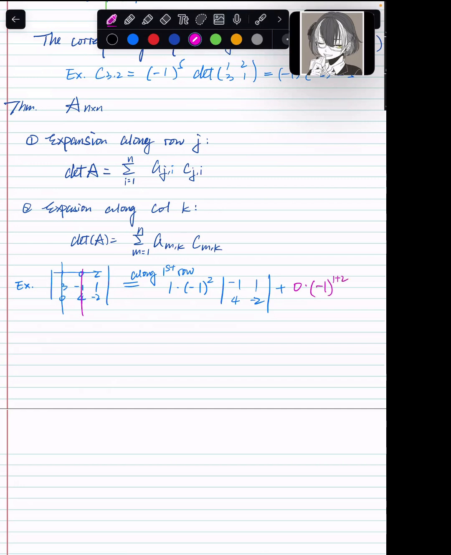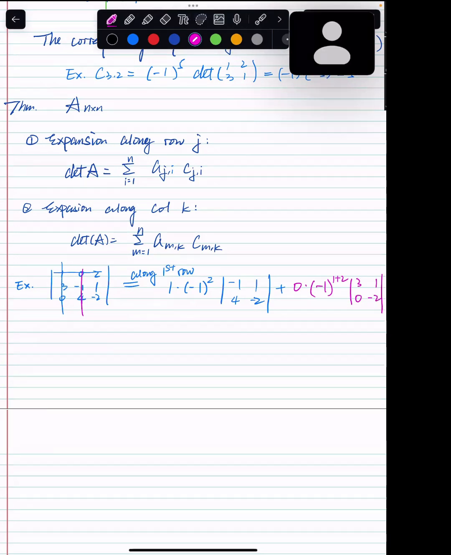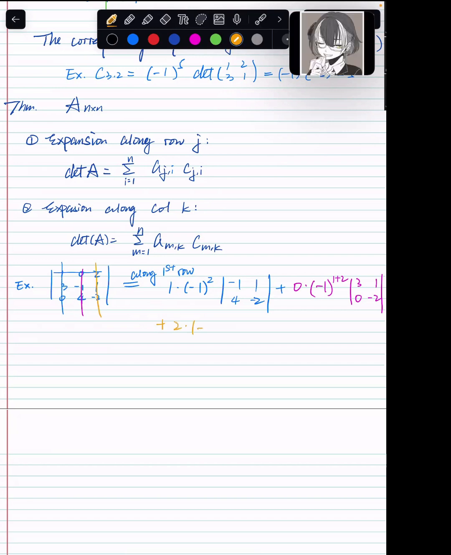And then what I have left is 3, 1, 0, -2. Okay, and the third is plus 2 multiplied by -1 raised to 1 plus 3. And I have 3, -1, 0, 4.